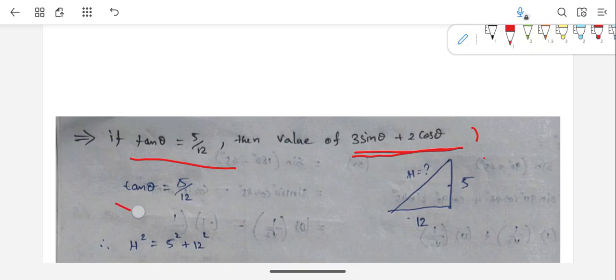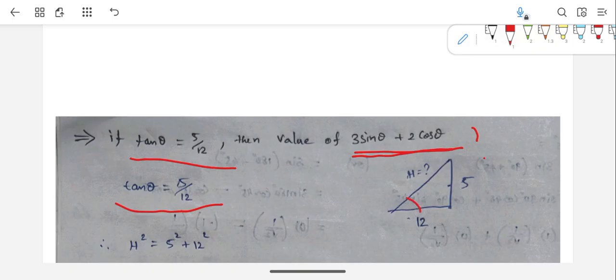But what you have is only tan theta. We saw in the very first class what trigonometric ratios are. Tan theta is nothing but opposite by adjacent side, in a right angled triangle, right?